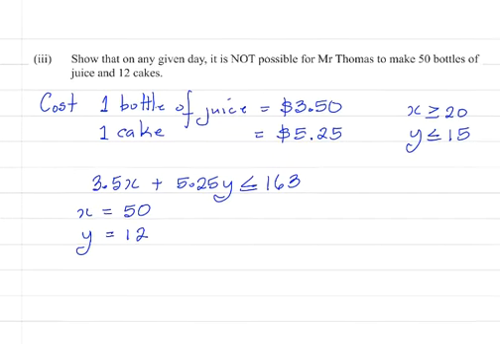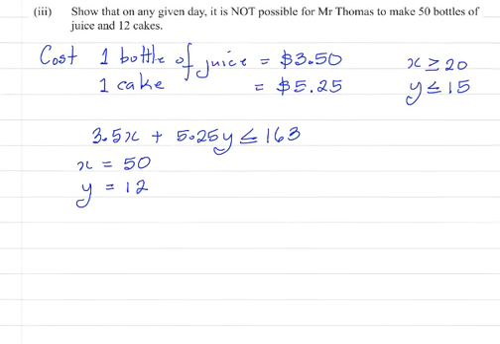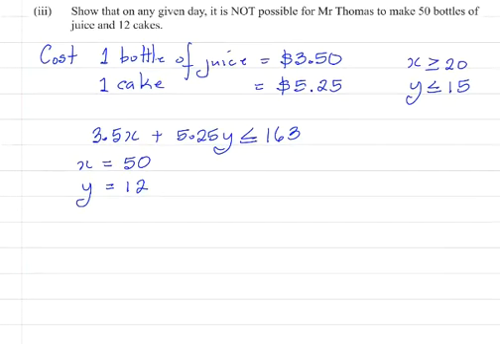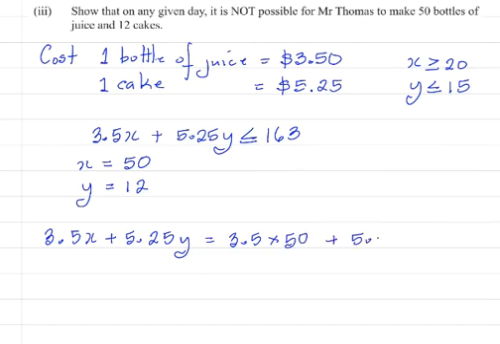All right. So what I have to do next is plug these values in to see what is the value of 3.5x plus 5.25y when x is 50 and y is 12. So this is going to be 3.5 times 50 plus 5.25 times 12.